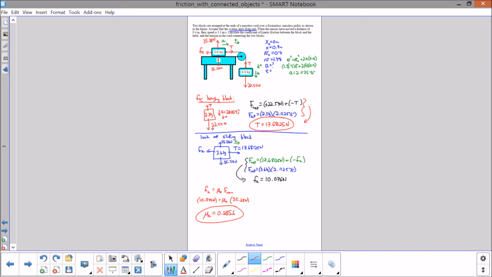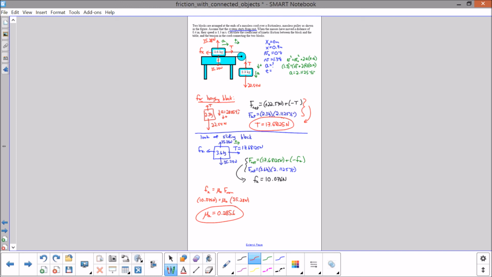On the hanging block, we knew the weight of the hanging block. We knew what the net force was because we knew the mass and the acceleration, and that allowed us to find the tension in the cord. And then on the sliding block, we now knew the tension in the cord. We knew the acceleration of this sliding block, so we knew the net force on the sliding block, and that allowed us to find the force of friction that needed to be acting on the sliding block.